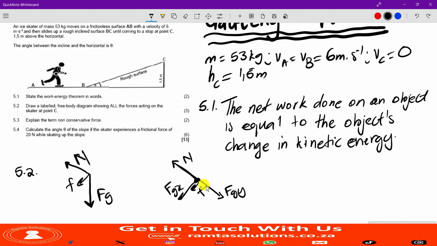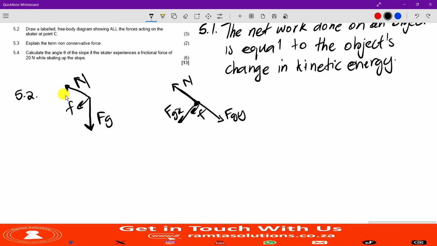All right. 5.3, explain the term non-conservative force. A non-conservative force is a force whose net work done is non-zero and depends on the path taken.